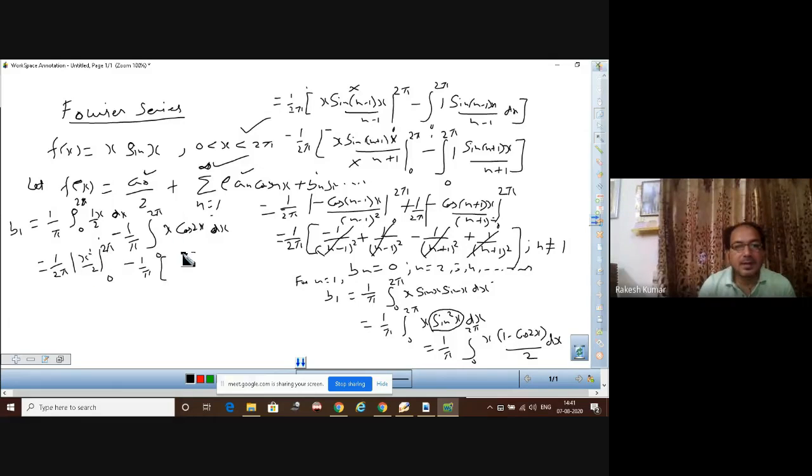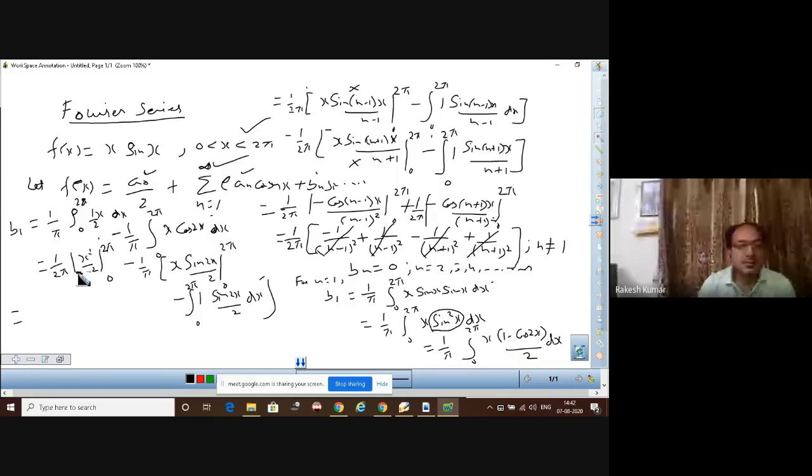Integration by parts. First function x can be taken as it is. Integration of cos 2x is sine 2x upon 2, with limits 0 to 2 pi, minus, the derivative of the first function 1 and the integration of cos is again sine 2x upon 2 dx.